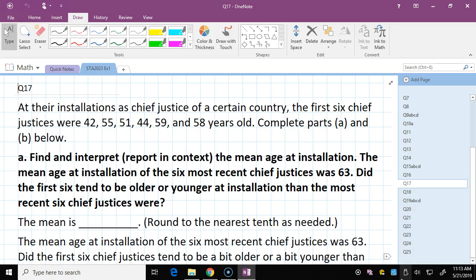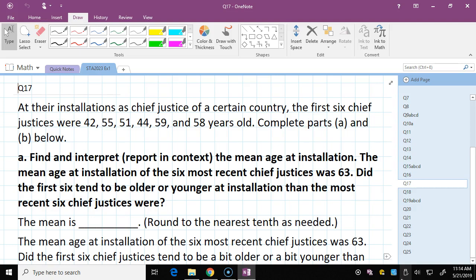So it says at their installation as Chief Justice of a certain country, the first 6 Chief Justices were 42, 55, 51, 44, 59, and 58 years old. Complete parts A and B below. Part A says find and interpret the mean age at installation.